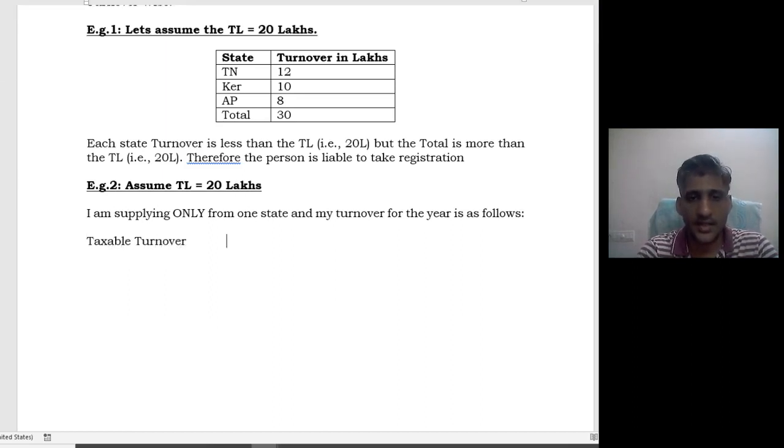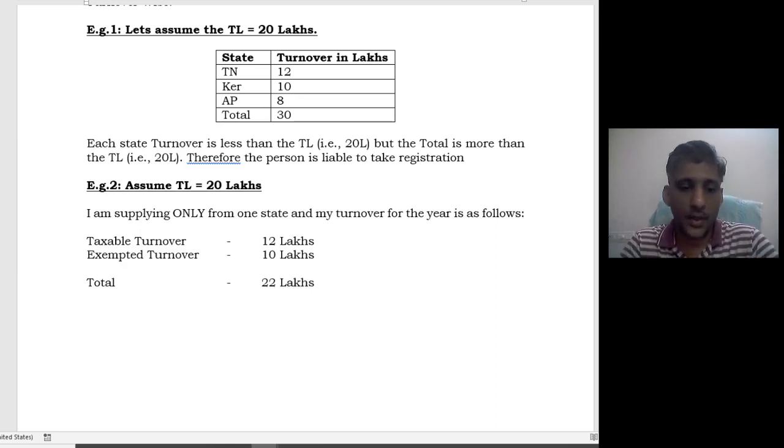Taxable turnover is, let's say, 12 lakhs. Then exempted turnover is, let's say, 10 lakhs. Now if you see, the total is 22 lakhs.